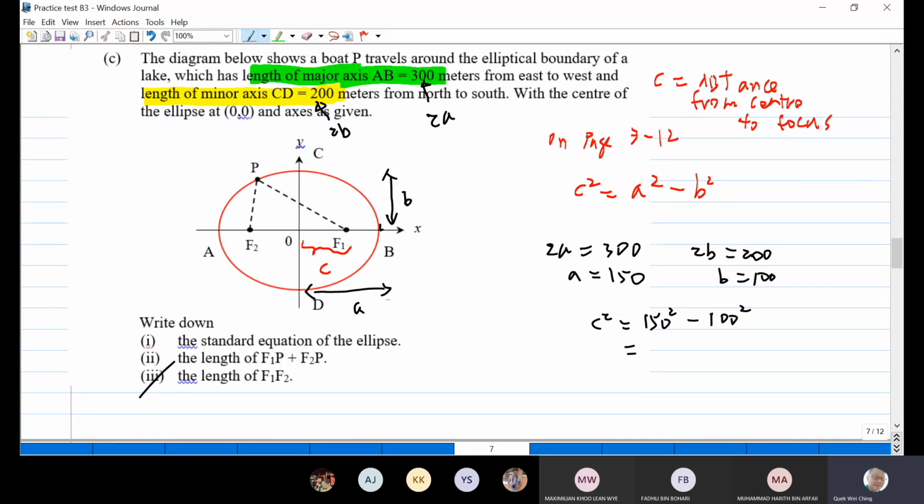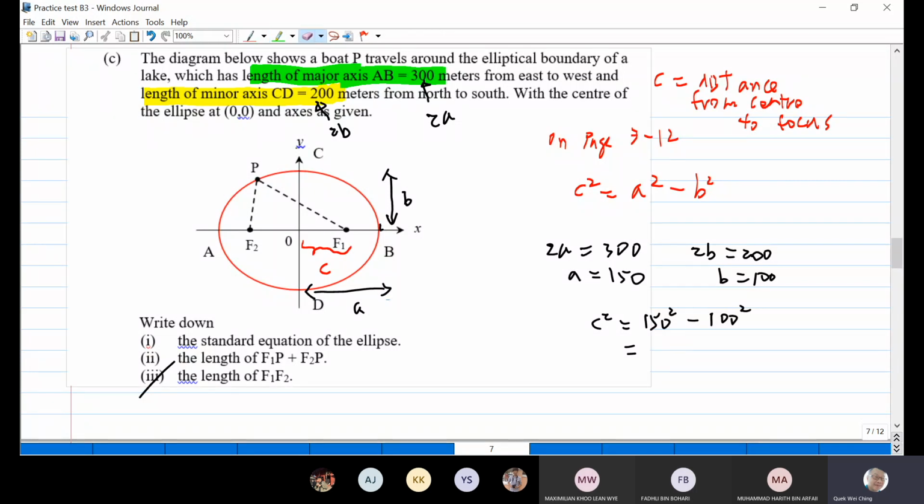So then you have 150 squared minus 100 squared, which is 12500, and then you take the square root.